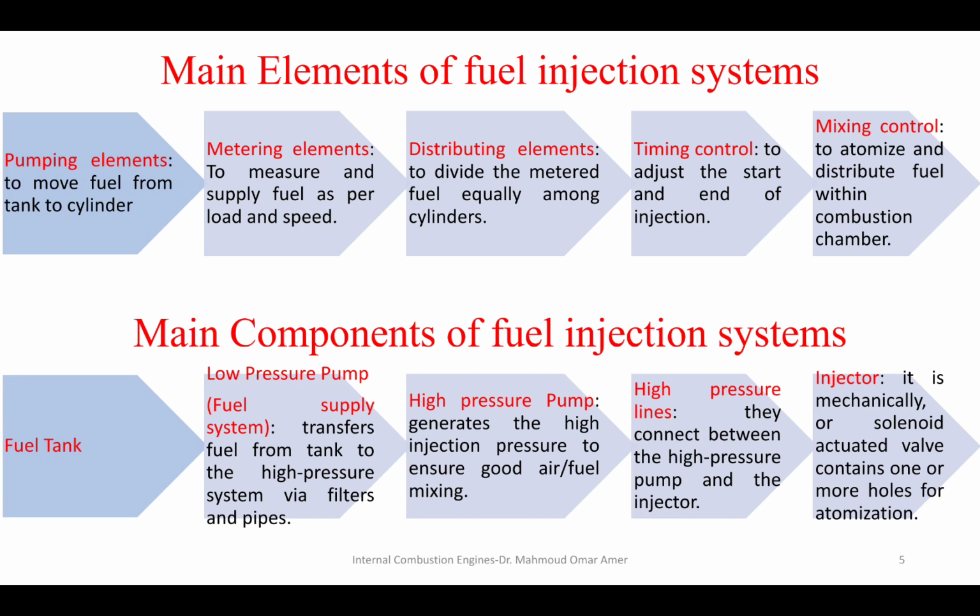That's why we use two pumps. The low pressure pump raises the pressure from atmospheric in the tank to approximately 5 or 6 bars. And the high pressure pump takes the 5 or 6 bars and raises them to 1,000, 2,000, or 3,000 bars according to the injection system that we have.